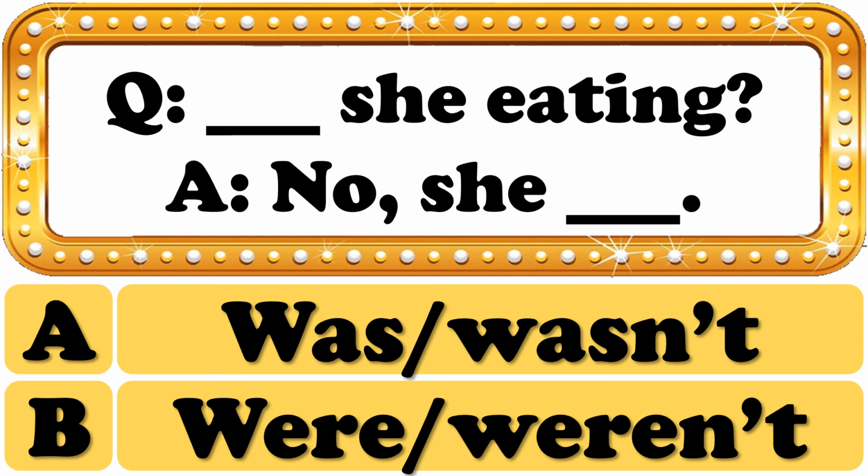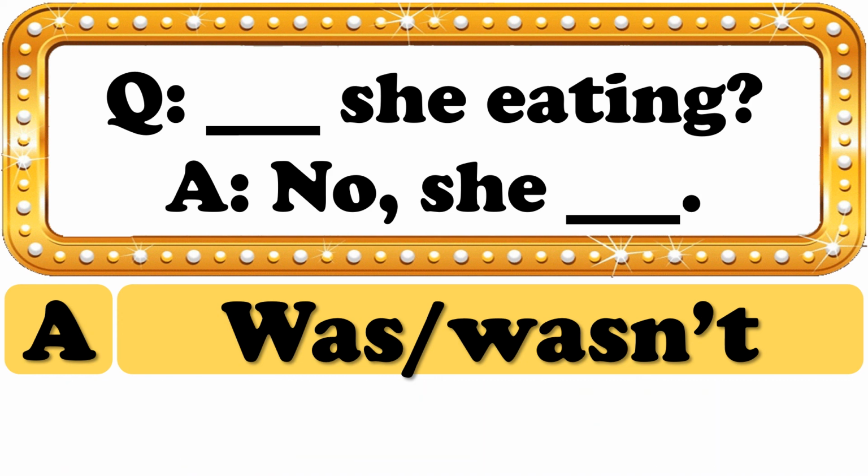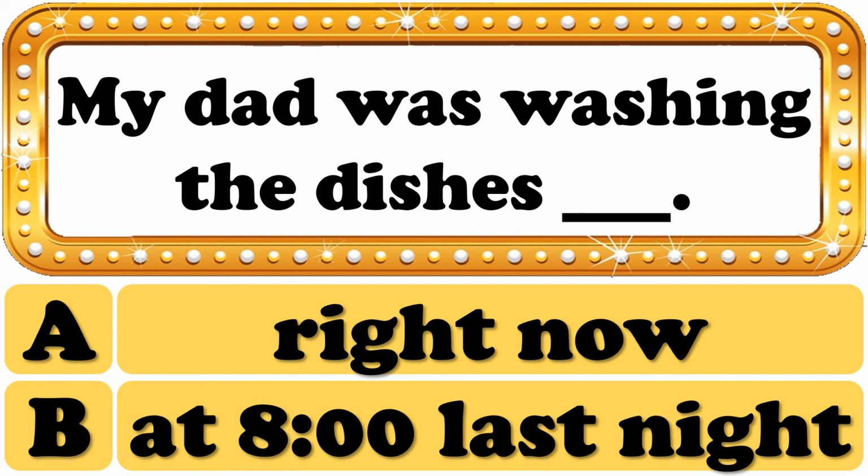How about this one? Again, you have to look for both blanks. Which one of these, A or B, will finish both blanks correctly? This time the answer is A. Was she eating? No, she wasn't. How about this one? Which time expression should we use?